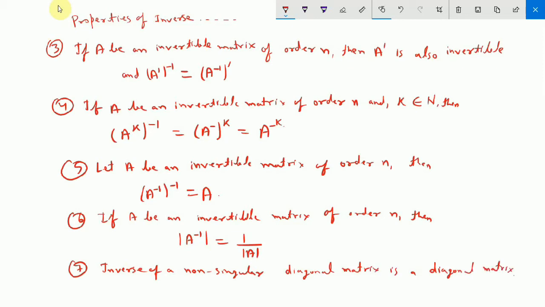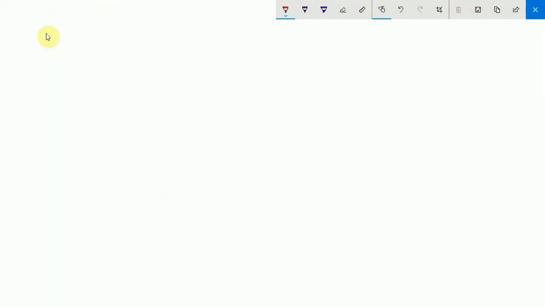Okay friends, so we have discussed all the properties of the inverse of a matrix. Now we will solve problems based on the inverse of a matrix. So let's take a problem.